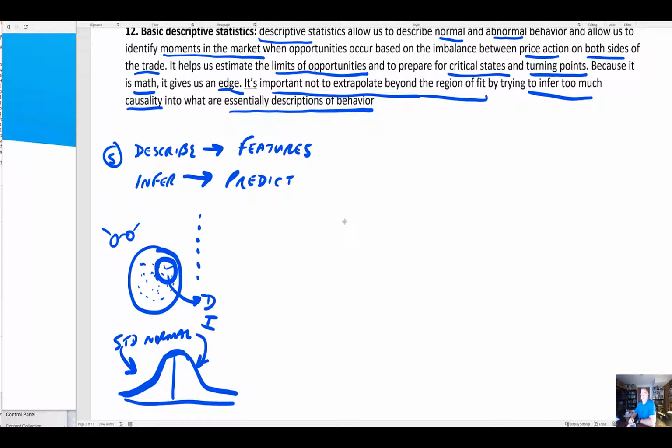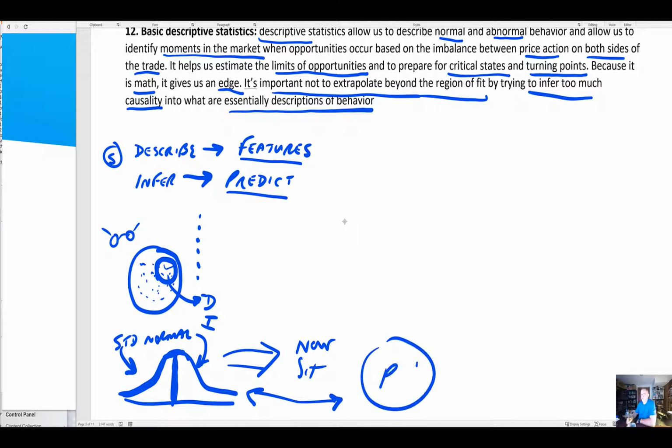When we know the characteristics of this population or of this sample of the population, we can not only describe it, but we can use it to say that in the future, in this new situation, given what we know about the statistics on this naturally occurring phenomenon, we can make some predictions about the number and frequency and type of behaviors that we could see.